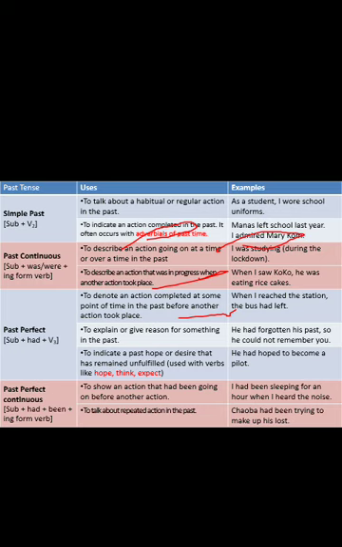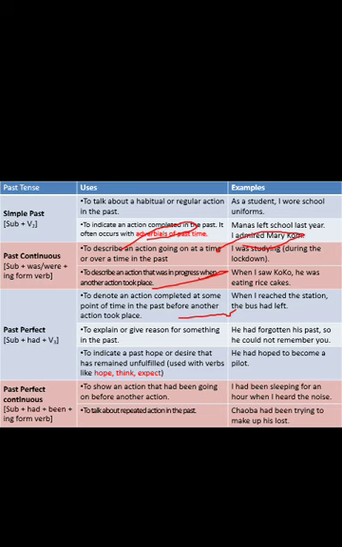So let's see the example. When I reached the station, the bus had left. So here in this sentence, we encounter two actions which took place at about the same time.